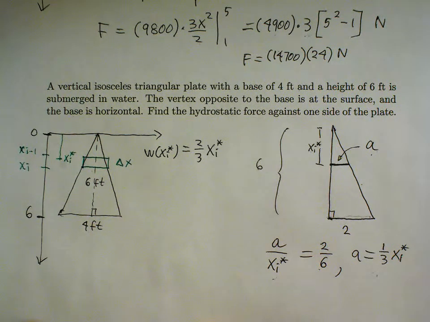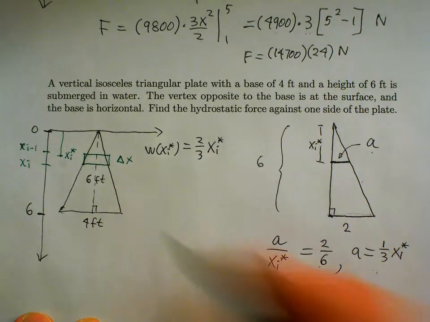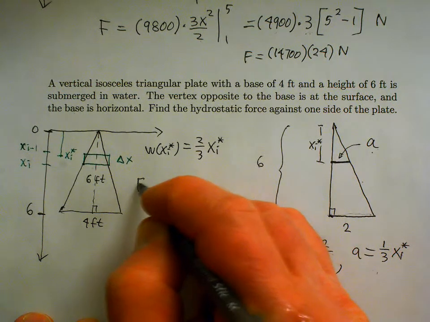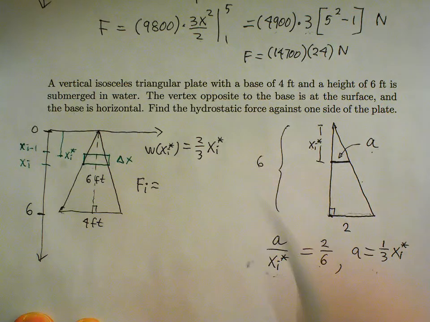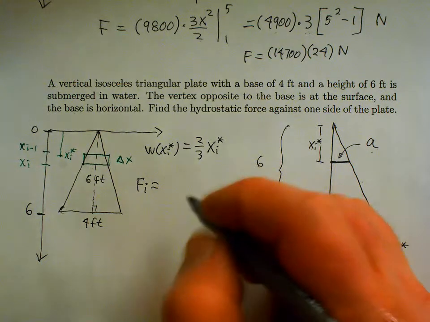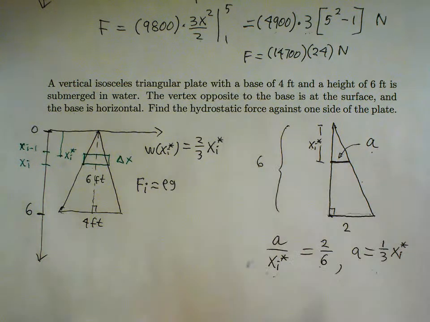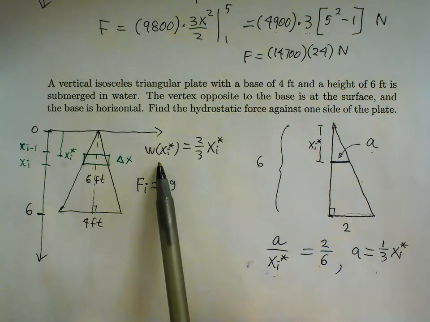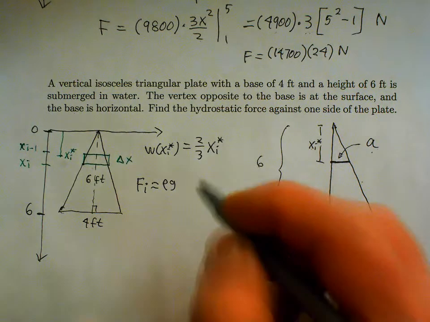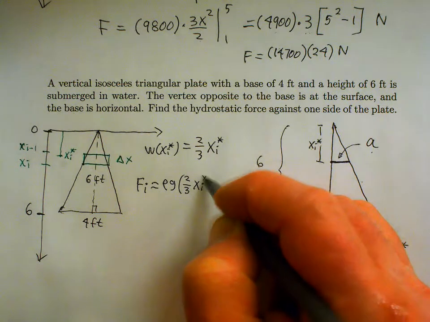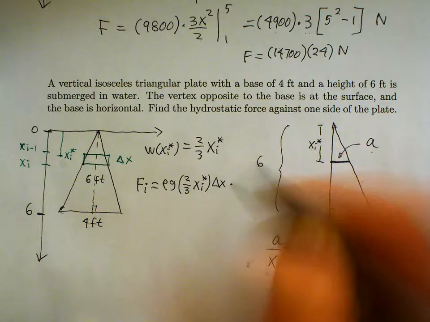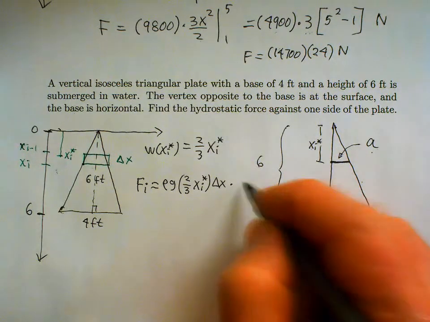So we're pretty close. Let's just write down the approximation for the hydrostatic force on this rectangle. F sub i, the hydrostatic force on the ith rectangle. For now, we'll just write rho times g. And then the area, 2/3 times x sub i star times delta x, and then times the depth, which is x sub i star.